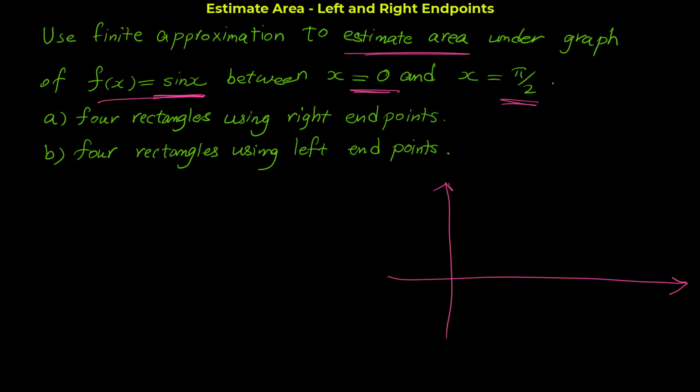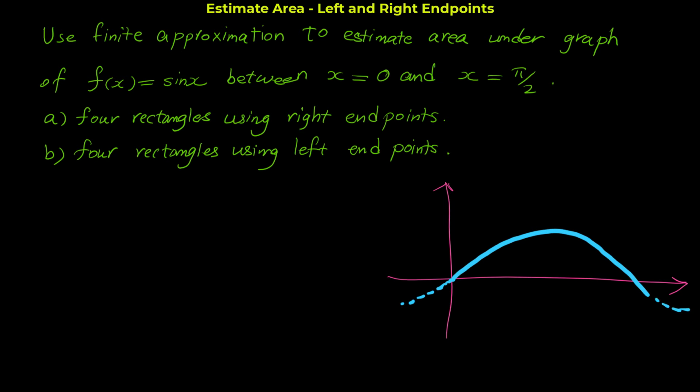Here we want to estimate the area under sine of x. If you remember, the graph of sine of x is something like this. And it continues. Here is 0, here is pi, and here is pi over 2. We want to estimate the area under the graph of y equals sine of x from 0 to pi over 2.